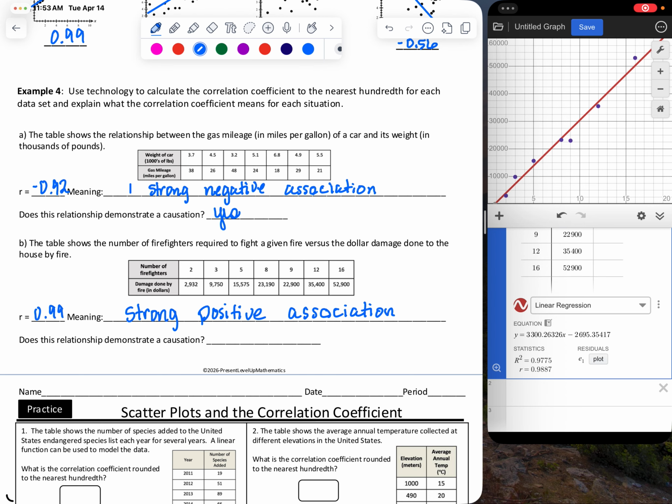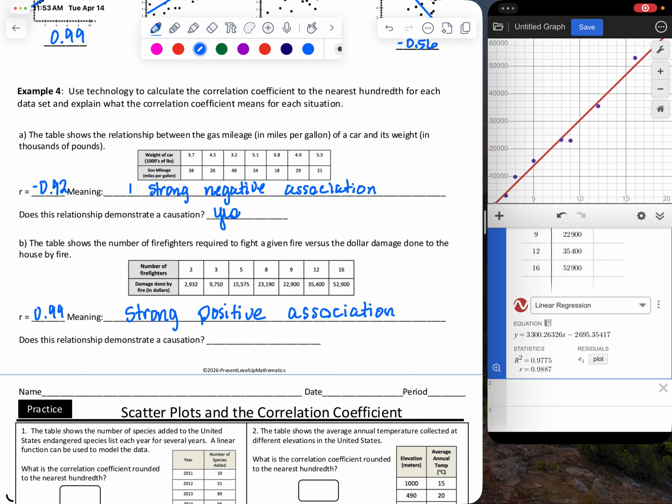But is it causal? Is it a causation? In other words, it is true that the more firefighters you have, the more damage you're going to have from a fire. But that doesn't mean the firefighters caused it. It just means if there's a very large fire, they need a lot of firefighters.